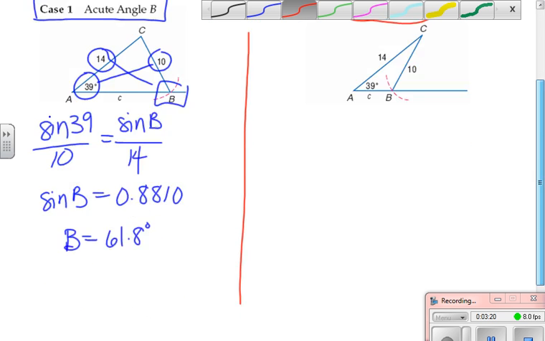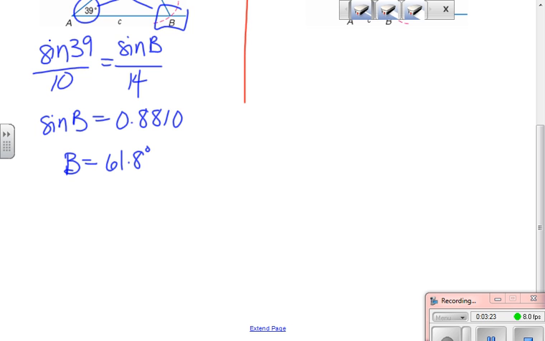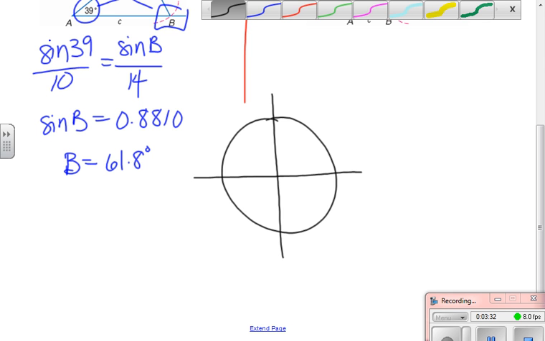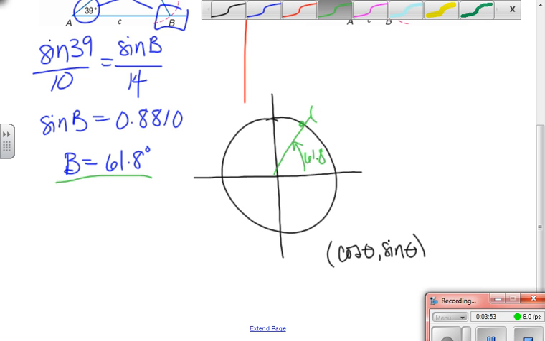So this actually takes us back to the unit circle a little bit. So we're going to draw a little unit circle here, and we are going to think about our reference angles and what happens to our cosine, sine values in our ordered pair. If I look at a 61-degree angle right here, whatever these ordered pairs are, this would be the cosine of 61.8, sine of 61.8.